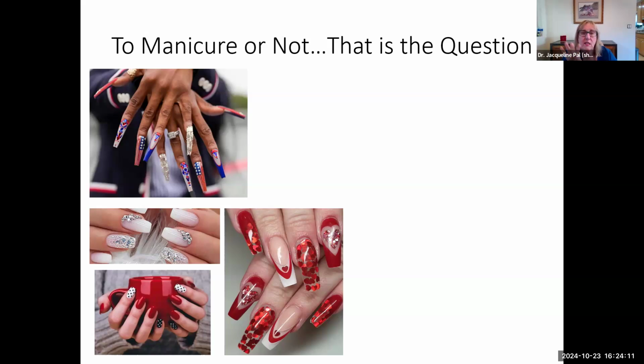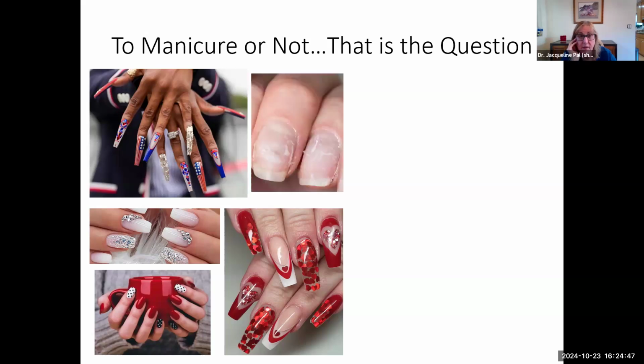But I want to talk about how manicures actually ruin your nail. Okay. Whether it's regular nail polish, whether it's a gel nail polish, whether it's a plastic fake nail put on top, whether it's those press-on plastic things that you put on top, all of those things are going to ruin the top layer of your nail plate and basically pull it off.